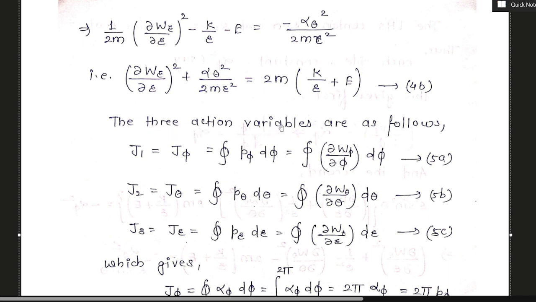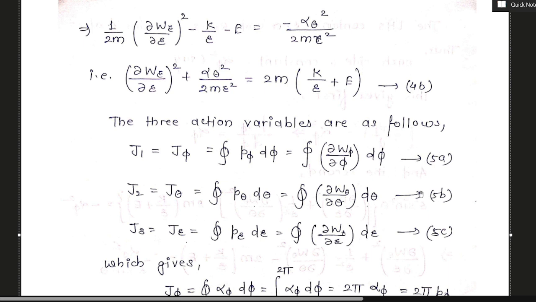These three action angle variables are as follows. From equation 4a, 4b and the earlier equation, we have obtained the values of the three action angle variables. Where J_1, that is J_phi, equals the closed integral of P_phi d phi, which equals the closed integral of del W_phi by del phi d phi, and this is our equation number 5.